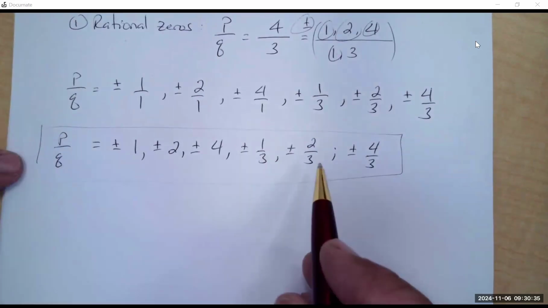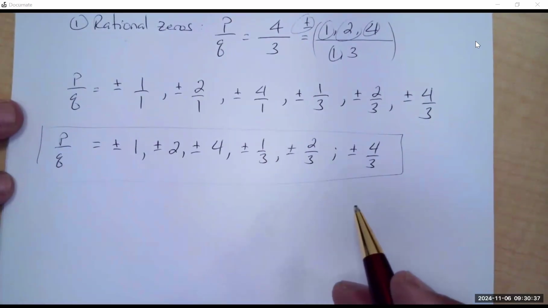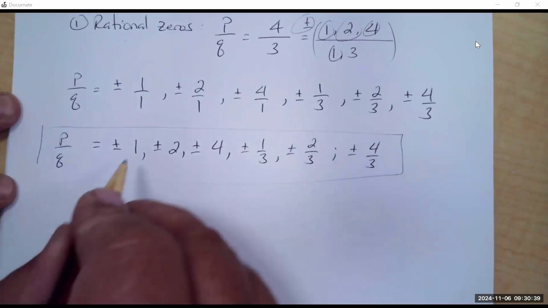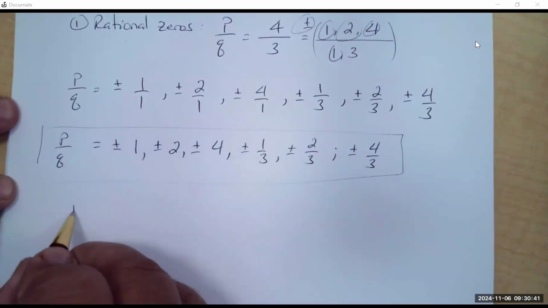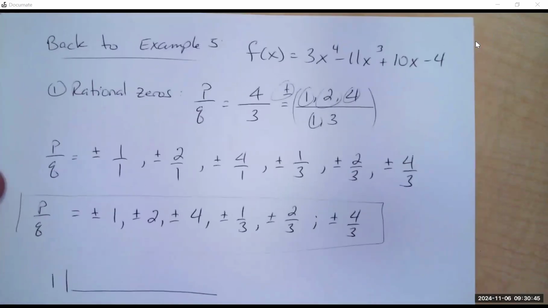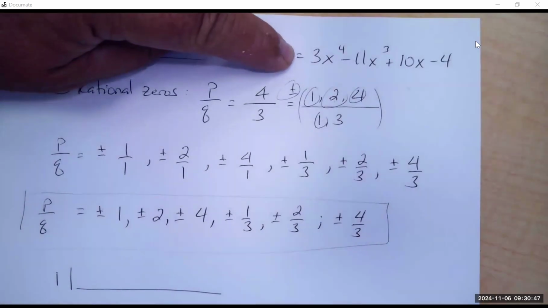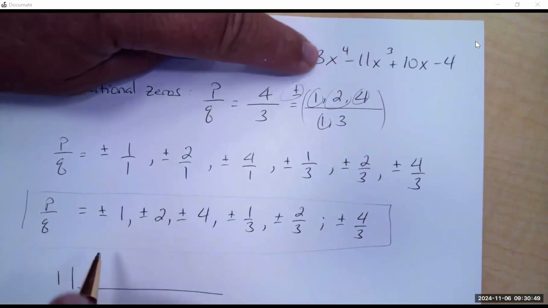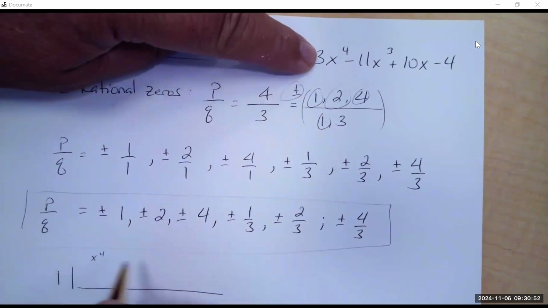So once we have these, now we got to use the synthetic division. Let's try 1 and -1. So with 1, remember our function is this. The highest exponent is x to the fourth, x to the third, x squared, x, and the constant.